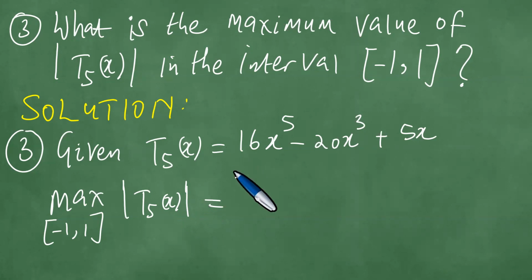Okay, so what is the maximum value in this interval? There are a couple of things that you need to analyze in an attempt to find the maximum value in this interval.